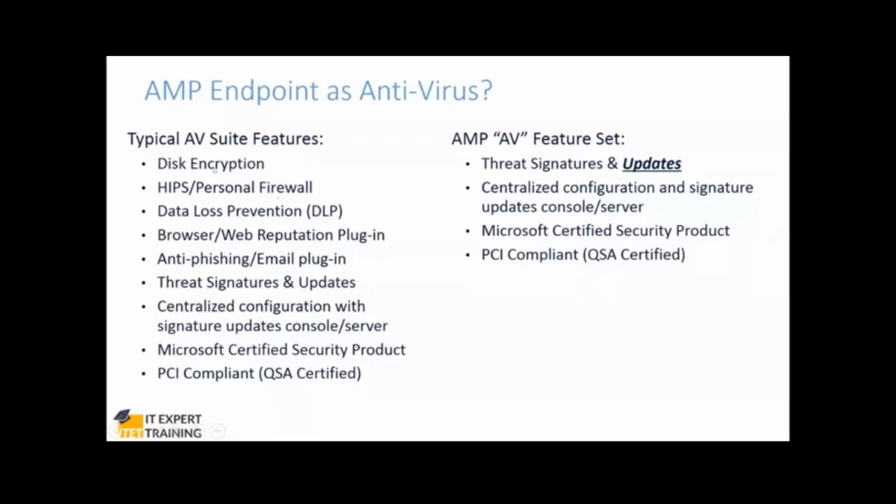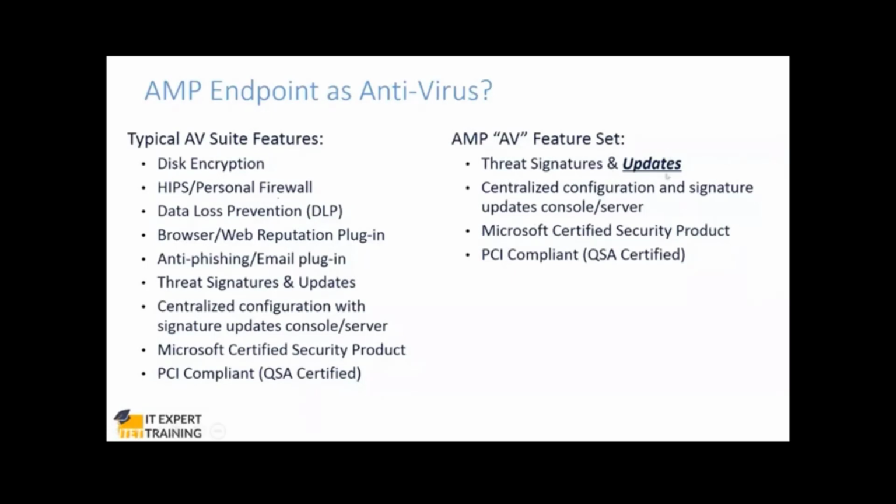It gives all these kinds of features: threat signature update, centralized configuration, Microsoft certified product, PCI compliance. But what additionally AMP will give as a bundle feature is the threat signature and updates.